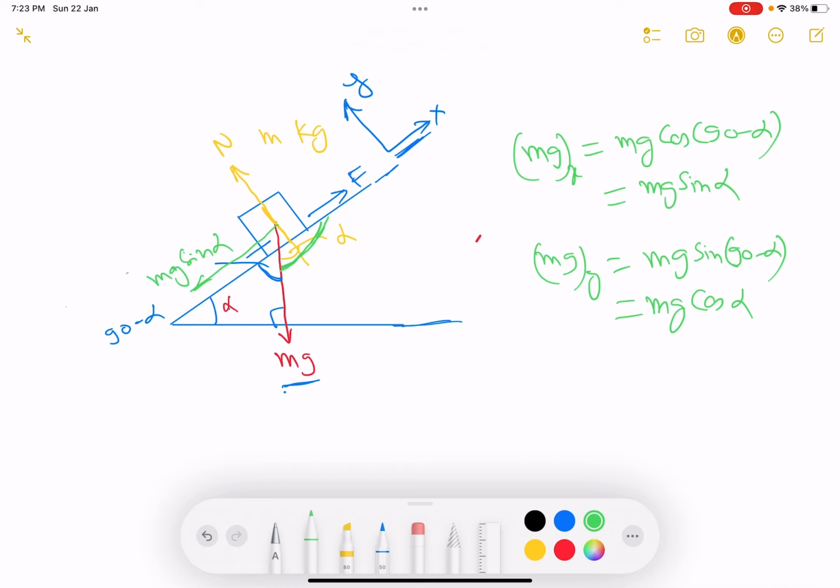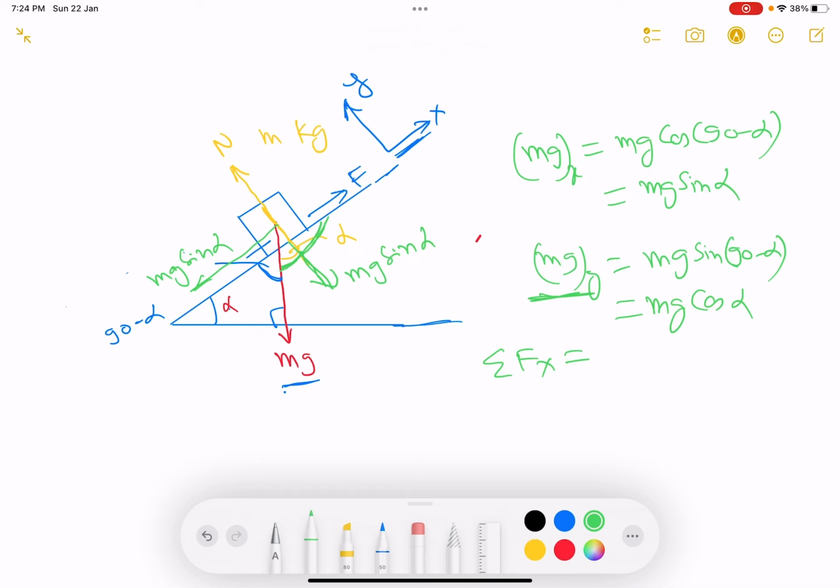Similarly, mgy, when I say mgy, I'm saying the component of mg along the perpendicular to the inclined plane. So along this, we are saying that this is mg sine alpha.